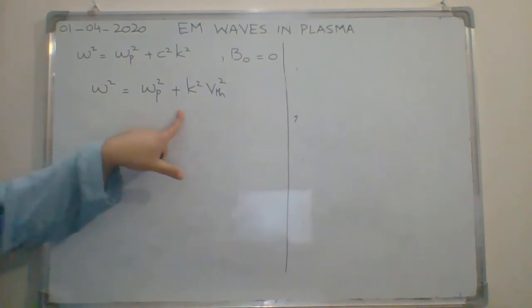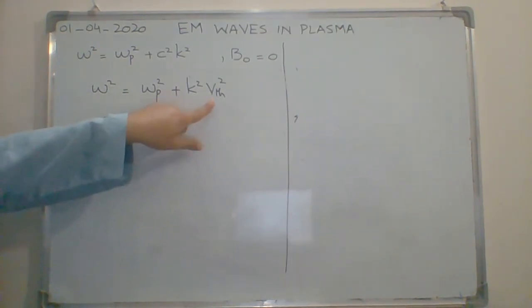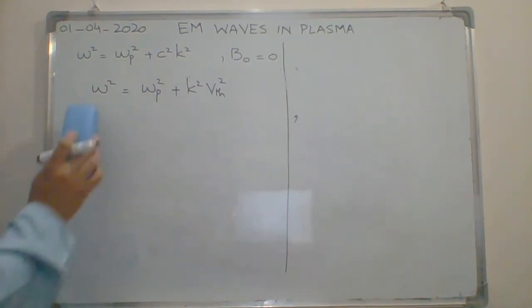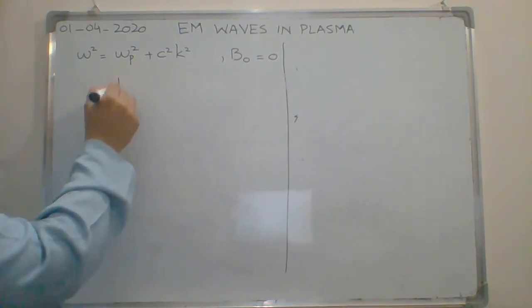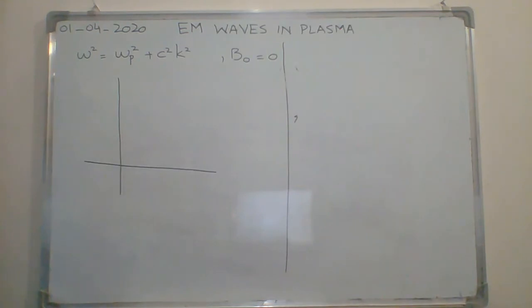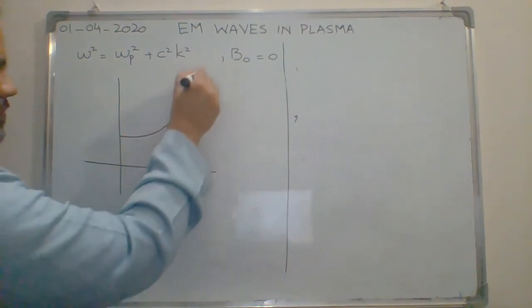We have already plotted this term, but the difference is here is the thermal velocity, and here is the speed of light. Now if I plot this expression, I get the same plot as in the case of the electron plasma waves.